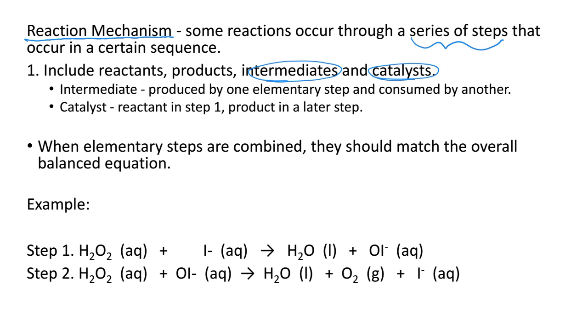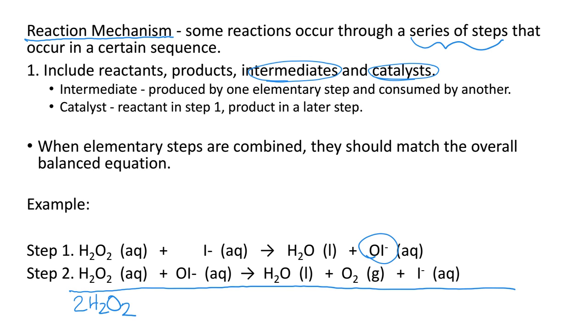So let's just take a look at this example that's down here at the bottom. If I go ahead and combine these two equations together and add them together, I've got two H2O2s over on the left side. I've got an OI minus on the right and an OI minus on the left, and I'm comparing everything to where these arrows are. If I have one on the left and one on the right, then they're going to cancel.